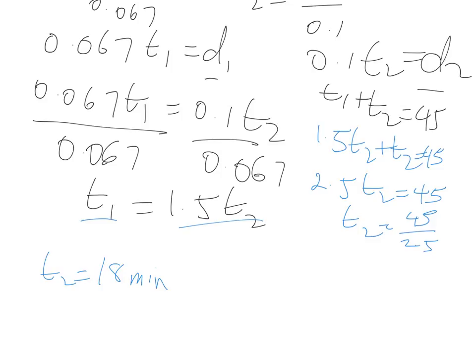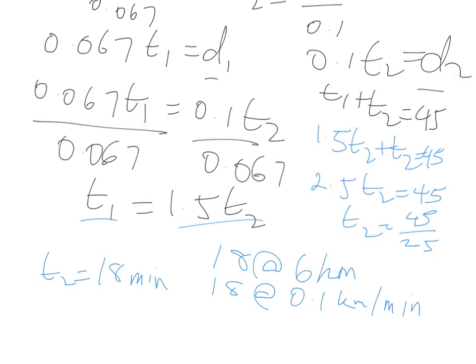So if T2 equals 18 minutes, we know that he, or she, has travelled 18 minutes at 6 kilometres per hour, or 18 minutes at 0.1 kilometres per minute.